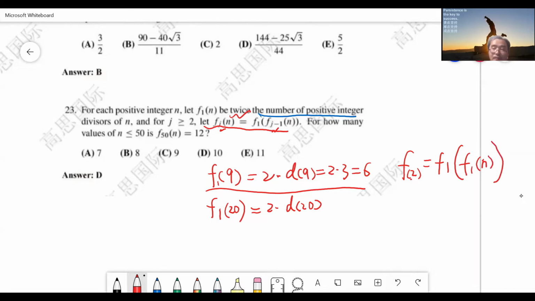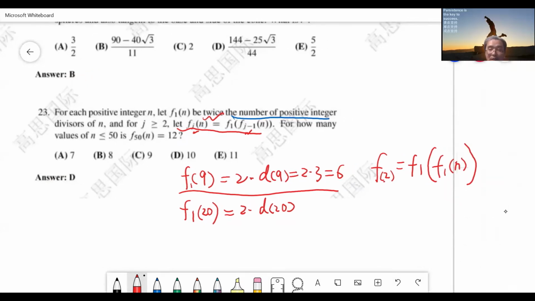Because we already found f1 of 9, let me write it clearly. This is f2 of 9.